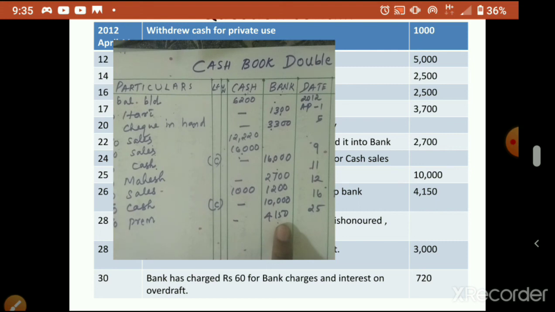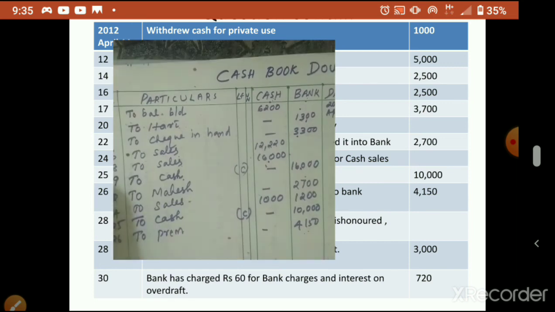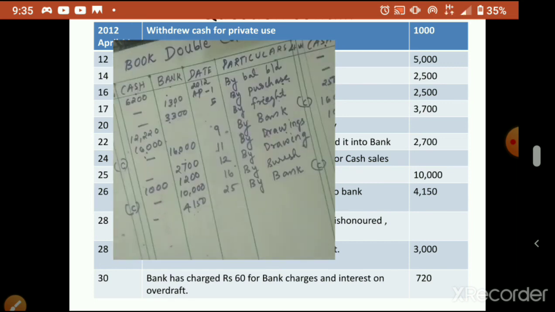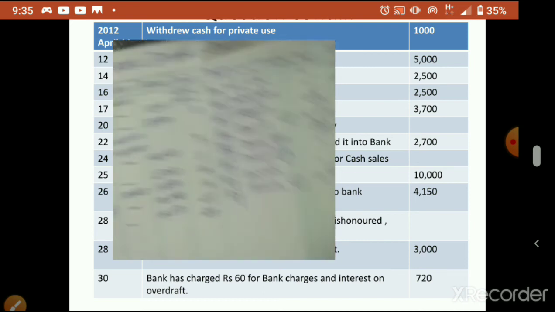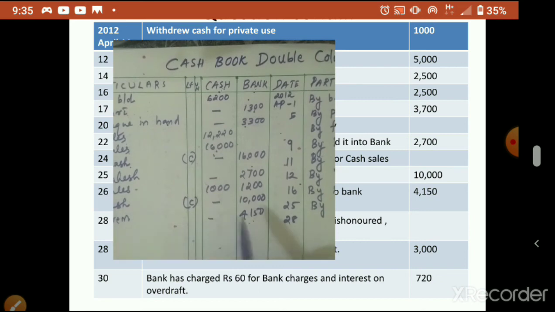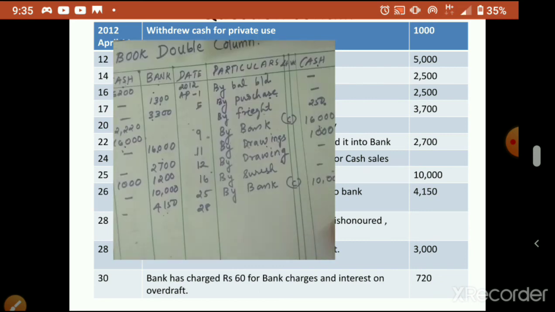Now the new check. When a check is dishonored, what do you have to write? You have to cancel this Prem. We assumed we would get the money from Prem, so we already wrote it here, 4150, but on the 28th only we came to know that the check is dishonored. So on the 28th, how to cancel this Prem? We will not cut here and all. In accounting, we pass the opposite effect.